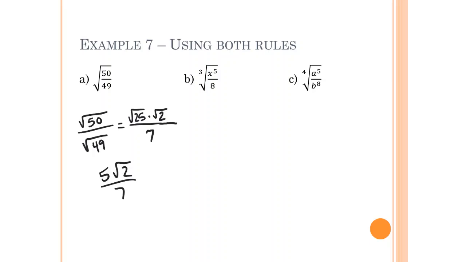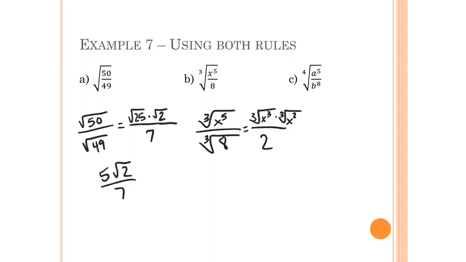All right, example B, we're dealing with cube roots. So the cube root of x to the 5th over the cube root of 8. So again, the cube root of 8 is going to be 2. On the top, I need to put 3 of those over there and the other 2 over there.